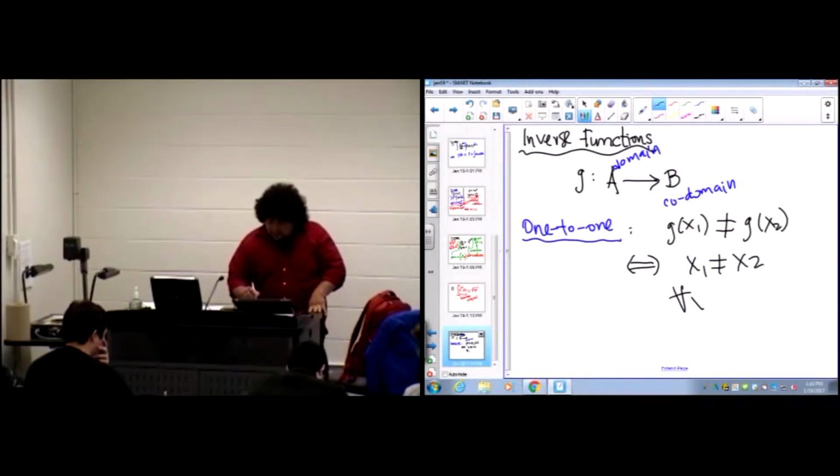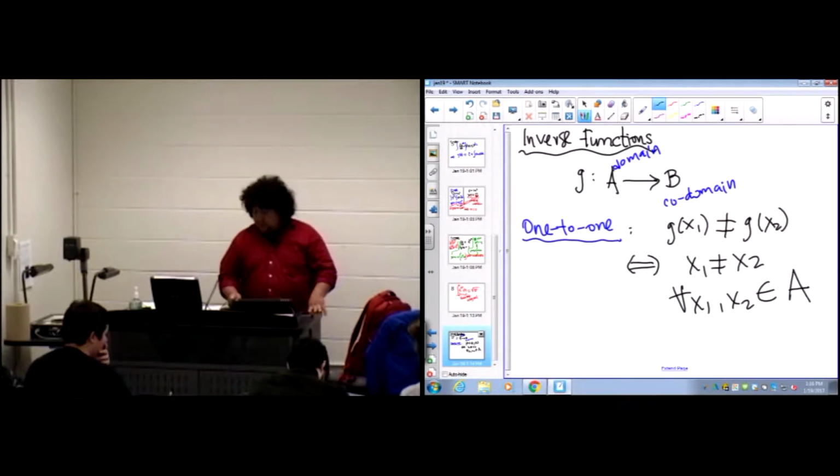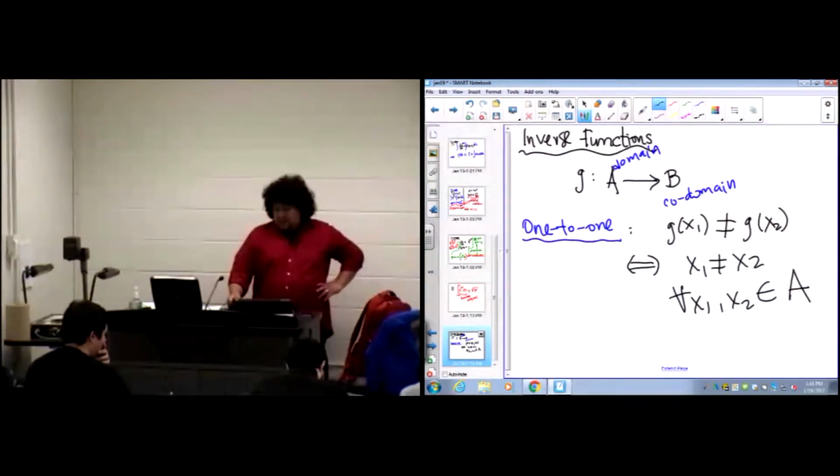So that's a way of saying that this happens for every value x1 and x2 that's part of the domain of the function. And if that is the case, then that function would have that property, sometimes called injective, right?